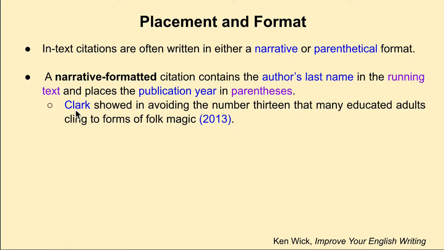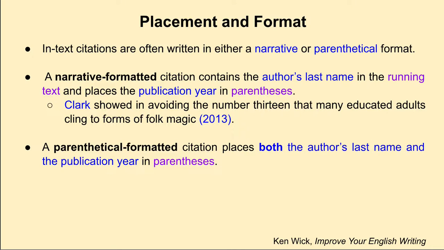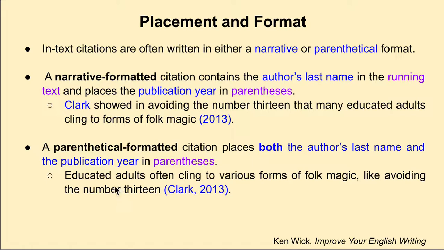The author's last name is in the running text, and then you put the publication year in parentheses. Then there's the parenthetical format, where you place both the author's name and the publication year in parentheses, which is what I've been showing on basically all my slides on in-text source citations. So this should look very familiar.